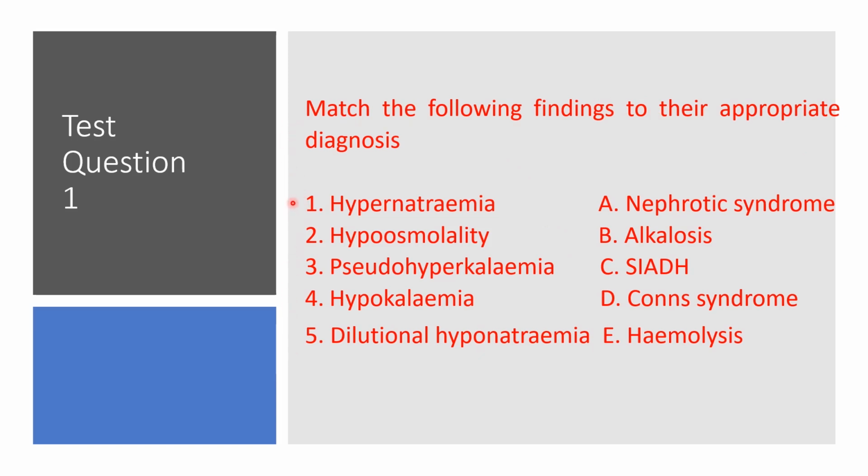For example, which of the items A to E will be more relevant with hypernatremia? Which of them will be more relevant with hypoosmolarity? Which will tally with pseudo-hyperkalemia? Which will tally with hypokalemia? And lastly, which will tally with dilutional hyponatremia?